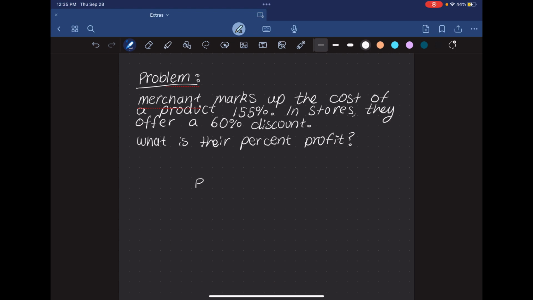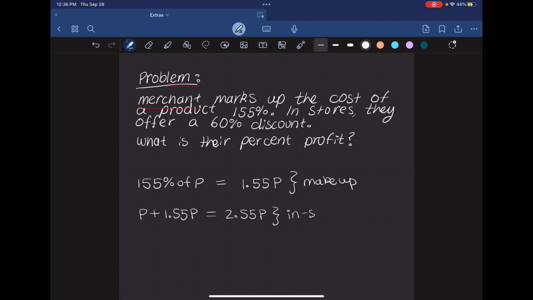So if I take 155% of P, which is 1.55 times P, this is going to be the markup, which means we'll take P plus 1.55P, which is 2.55P. This is going to be the in-stores price.